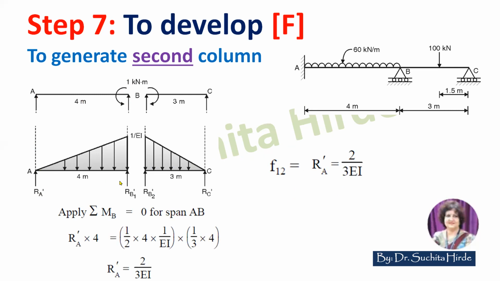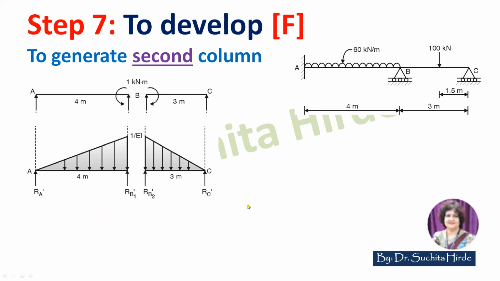Then what is F22? It is displacement at 2 due to unit rotation at 2. So what is slope at 2? It is nothing but shear force at 2, which is the addition of RB1 dash plus RB2 dash. So we can calculate RB1 dash like this.